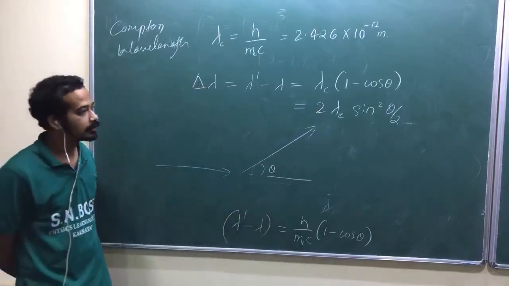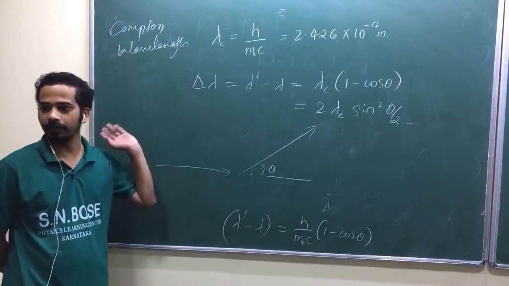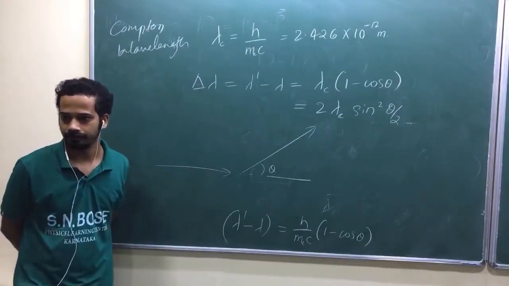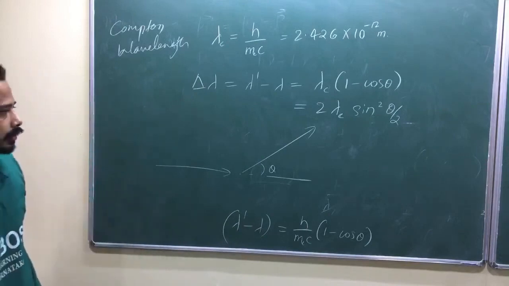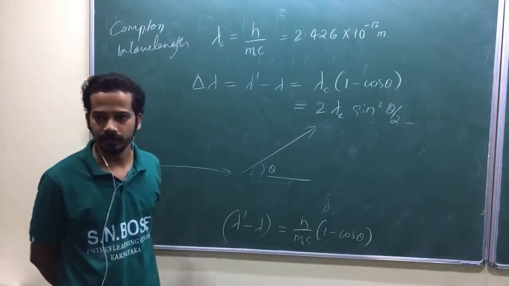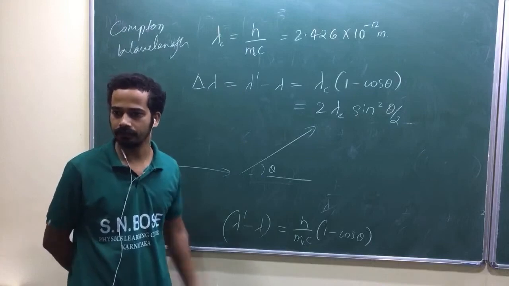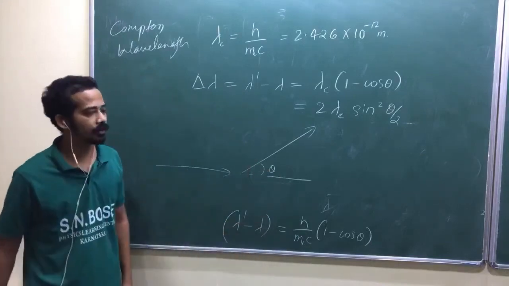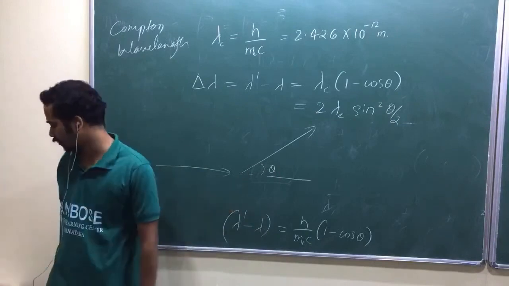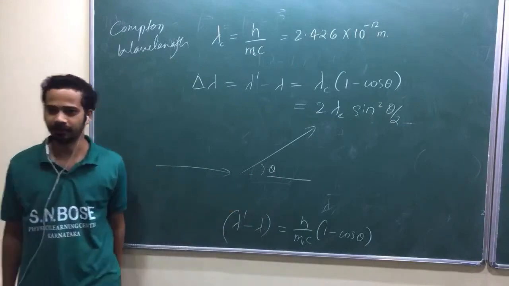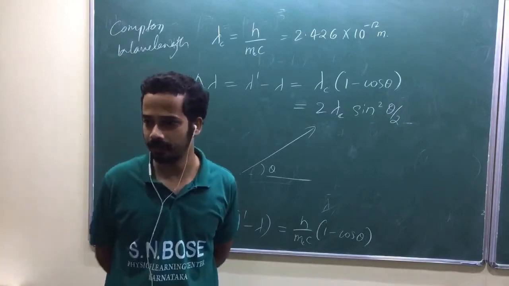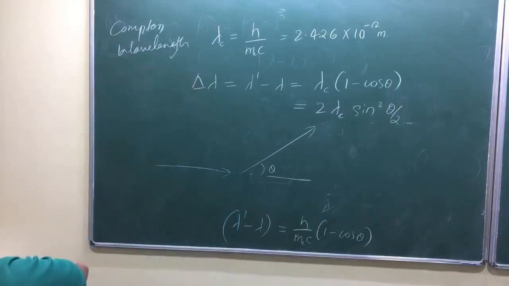Look at here, we have applied just a particle-particle interaction process, just like classical physics, like we do in the case of collision. So after the Compton effect, there was not much question about photon nature. Nobody had a doubt. Is that okay? Any question quickly?